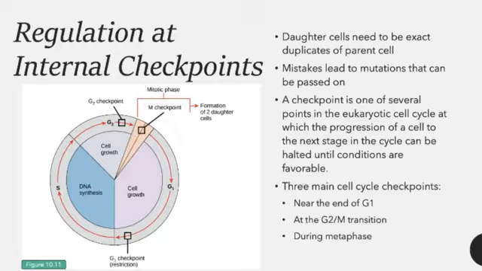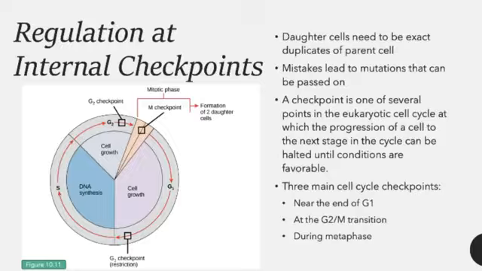If errors take place, such as incorrect DNA replication, then those mistakes can lead to mutations, which can be passed on to future cells. We don't want that, and that's why these checkpoints are so important.